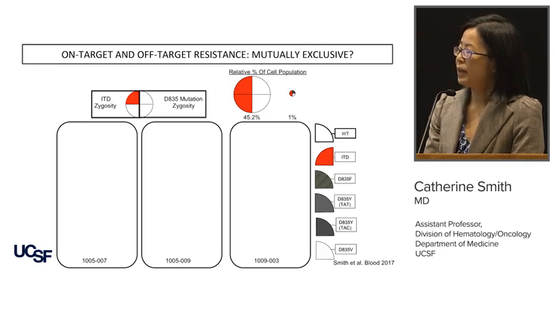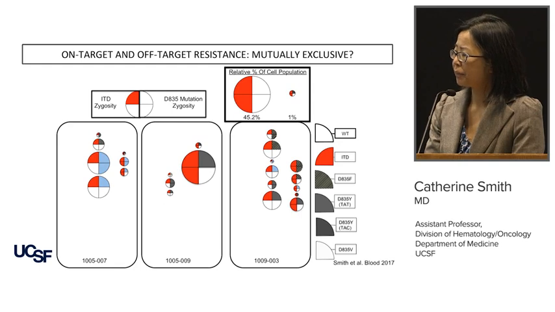On the left here, we have the D835 mutation zygosity. Again, one colored quadrant represents heterozygosity and two colored quadrants represents homozygosity. Each individual color represents a different D835 mutation that was found. And then finally, the relative size of the circle represents the relative proportion of the cell population that had that particular genotype.